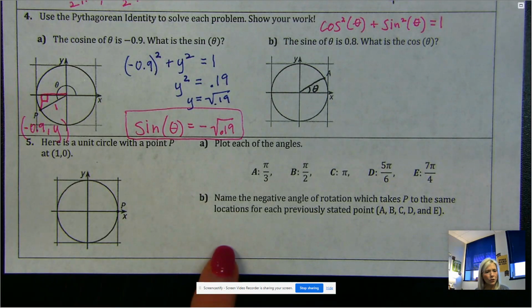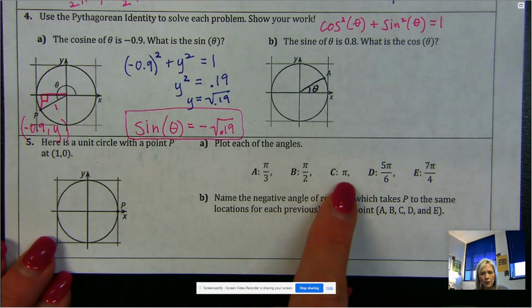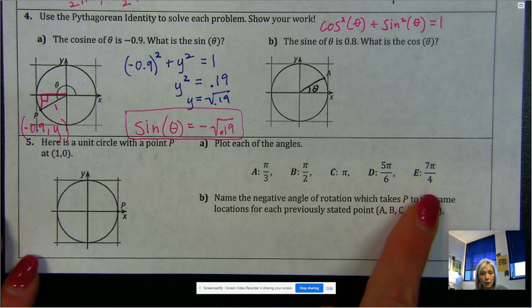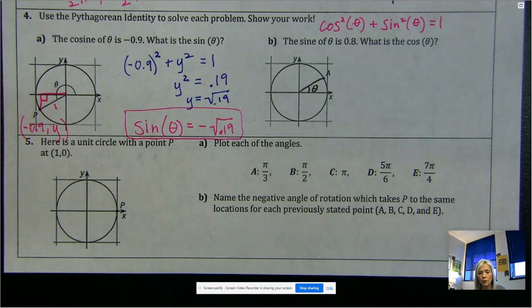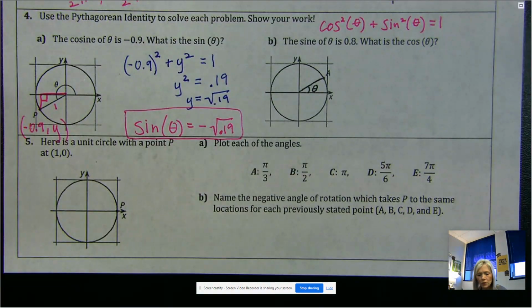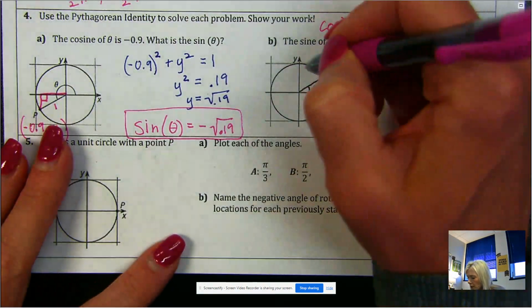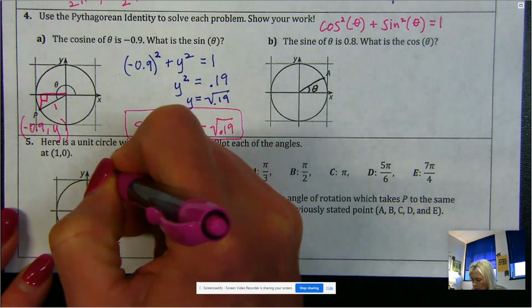And the last question on the front side, we'll go over that really quickly. So first, plot each of these angles. These are all angles that are on your unit circle. You should be able to plot those just by looking at your unit circle and matching them up. So pi over 3 is right up here.